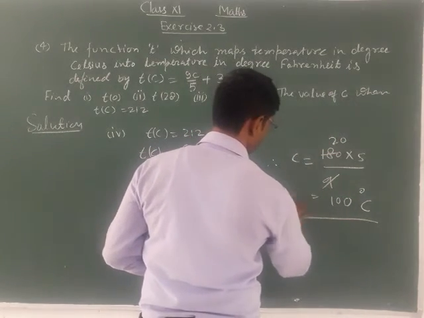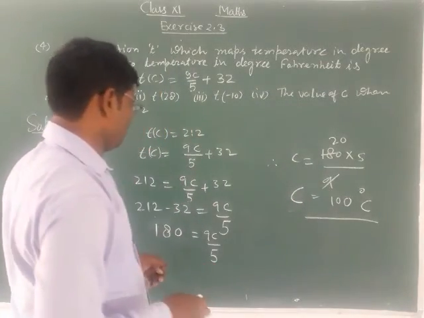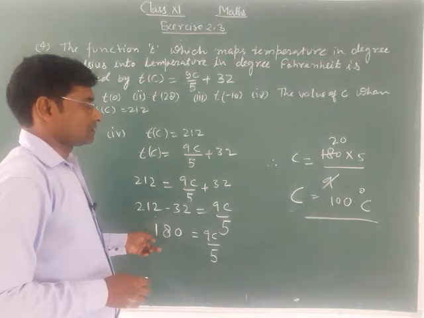So the value of C is equal to 100 degrees Celsius.